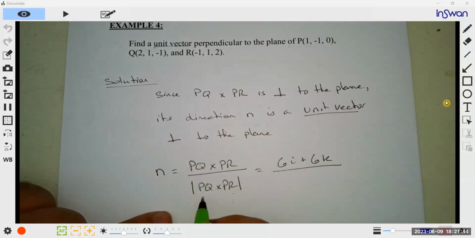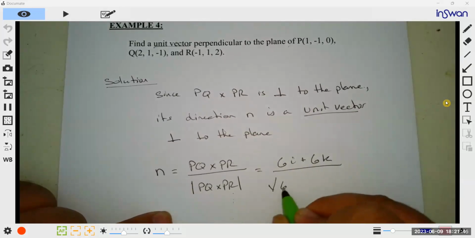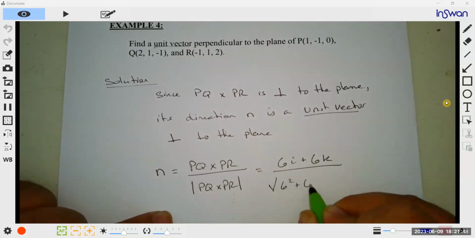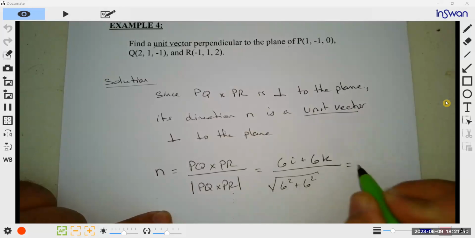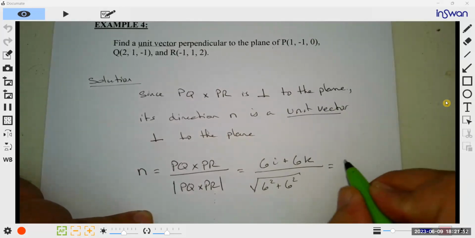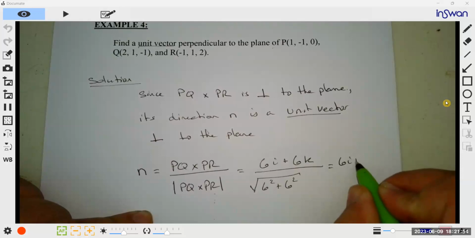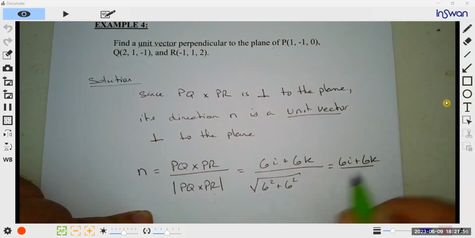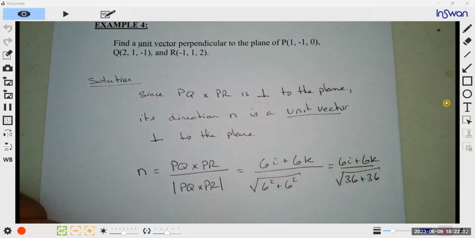And the magnitude, remember, is the square root of 6 squared plus 6 squared, which is the square root of 36 plus 36, the square root of 72.